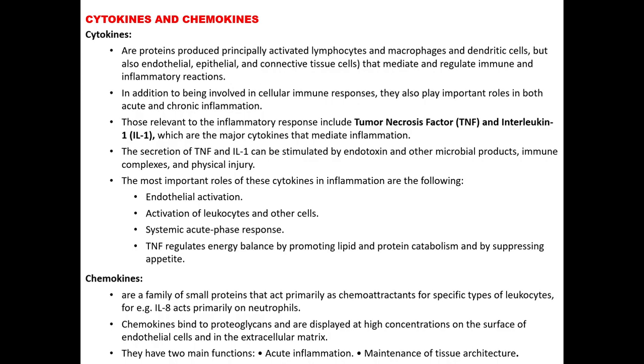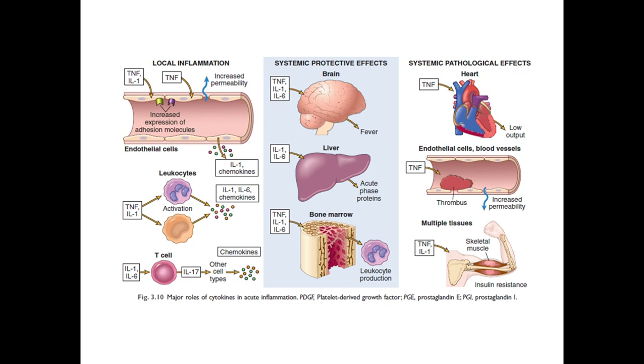The chemokines bind to proteoglycans and are displayed at a high concentration on the surface of endothelial cells and in the extracellular matrix. They have two main functions, in acute inflammation and maintenance of the tissue architecture. This is the figure that shows us a major role of cytokines in acute inflammation. You can look at it.